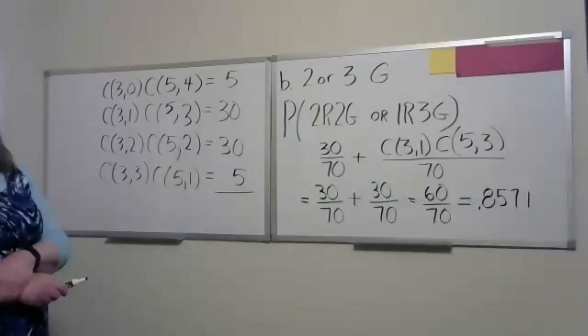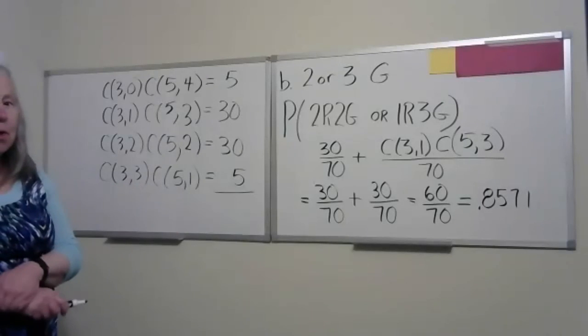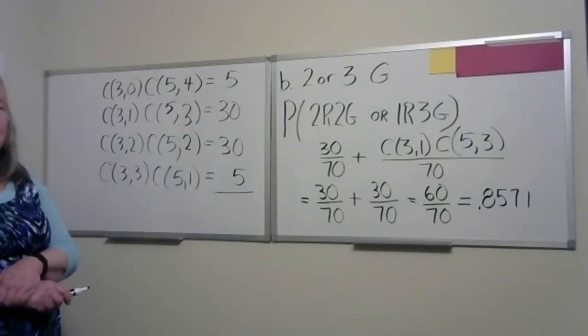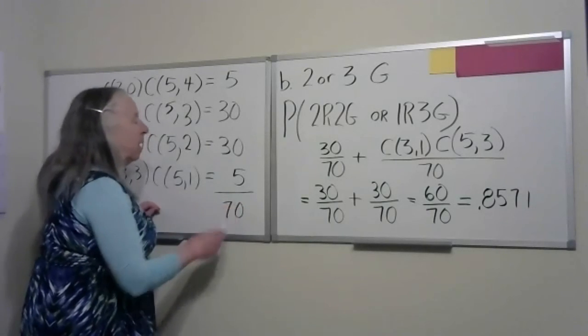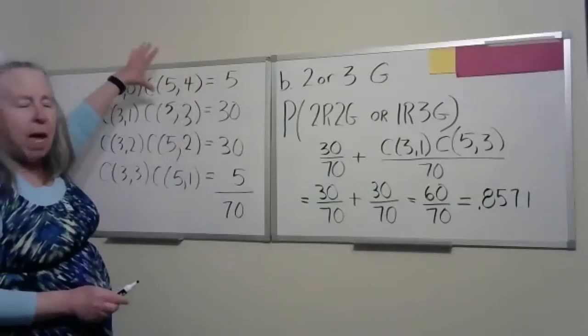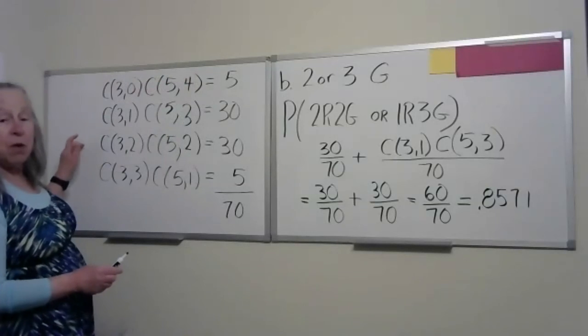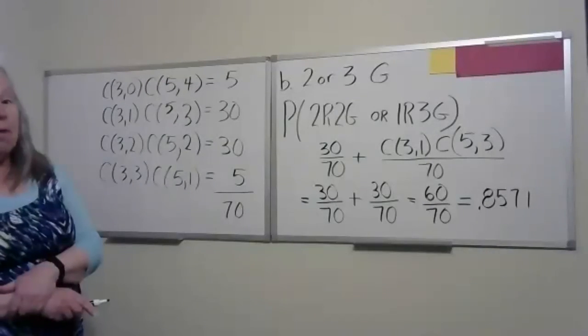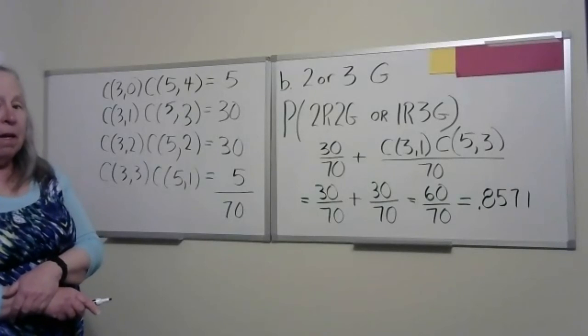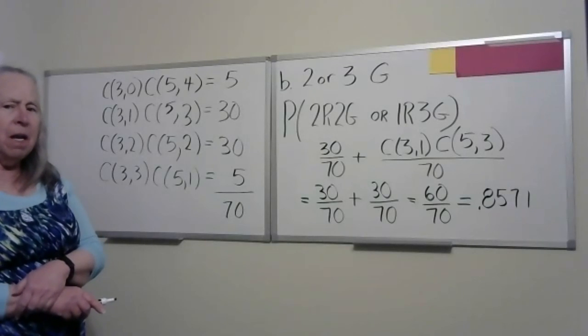Notice if we add these all together, what do we have? 70. Which was the total number in our sample space. So if you're wondering if you're doing it right, just go ahead and break it down the way you're thinking about it, add those up, and that should agree with the number of outcomes in your sample space. Does that make sense to everyone?